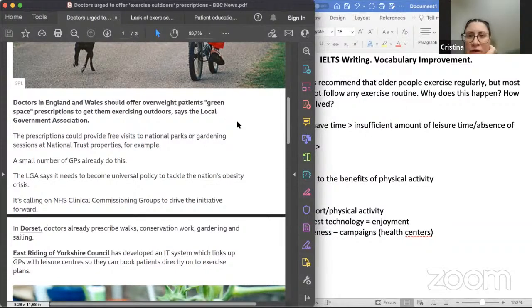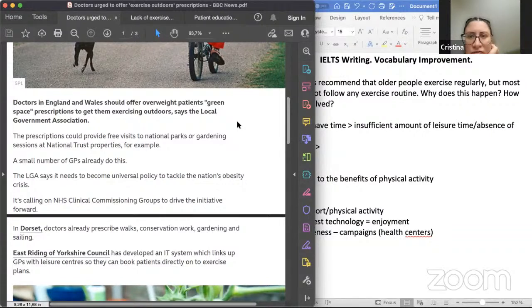Doctors in England and Wales should offer overweight patients green space prescription to get them exercising outdoors, says the local government association. The prescriptions could provide free visits to national parks or gardening sessions at National Trust properties, for example.